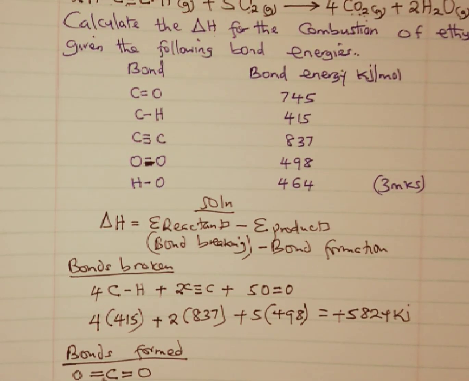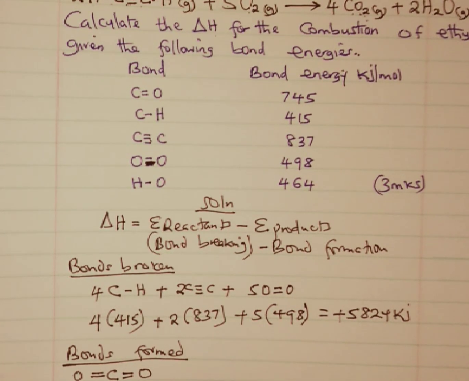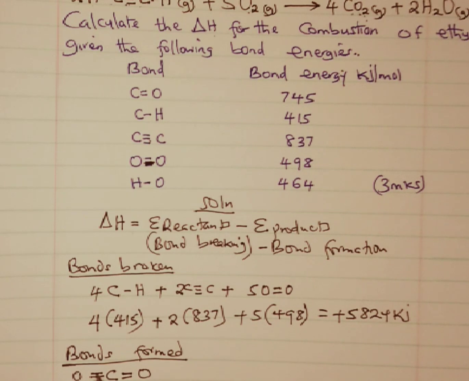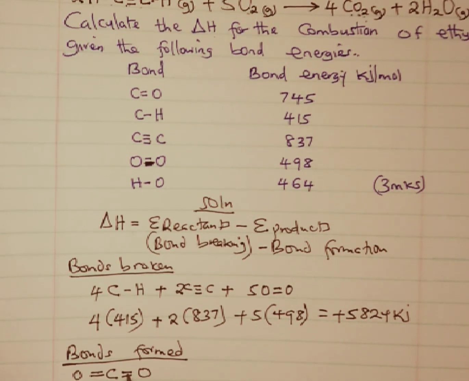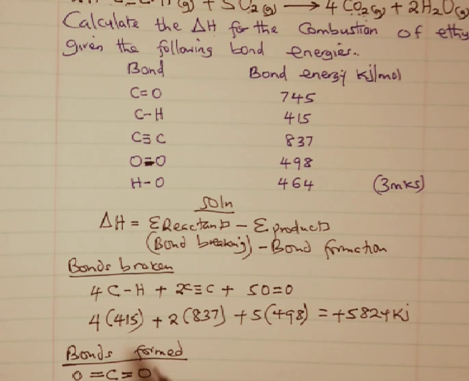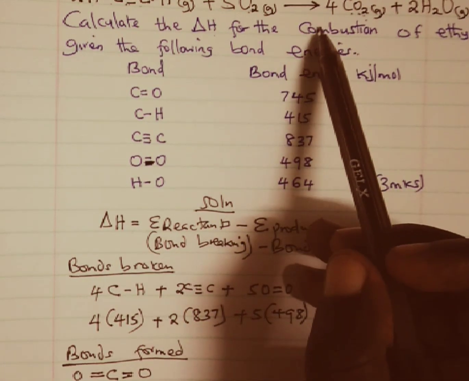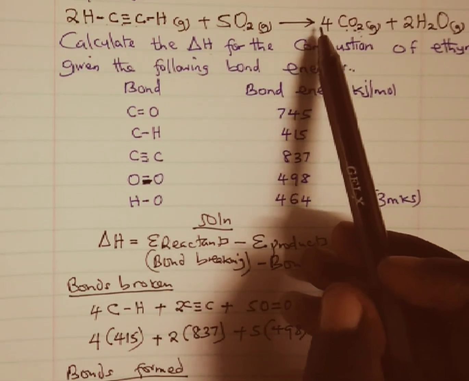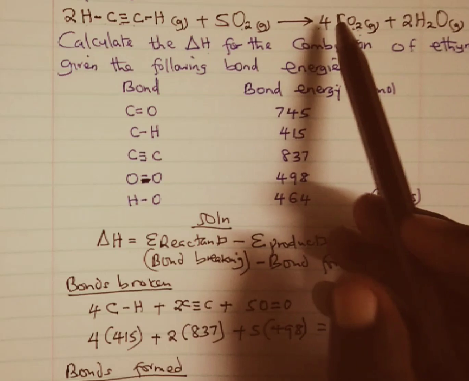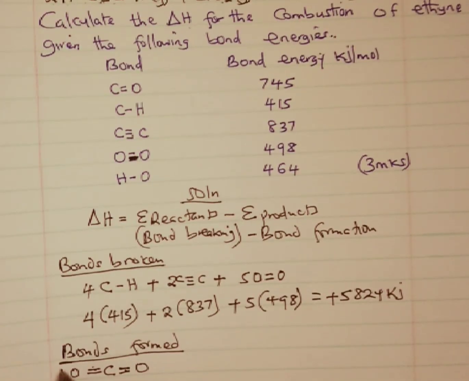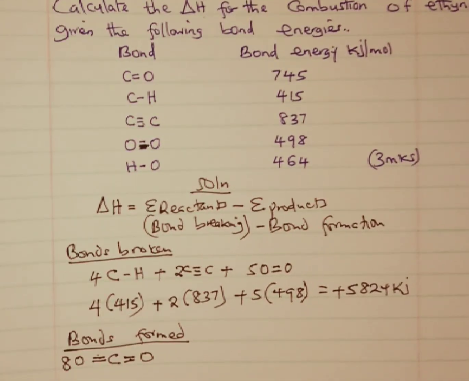We have two of these double bonds, but since this is multiplied by 4, we multiply 2 by 4, and therefore we have a total of 8.